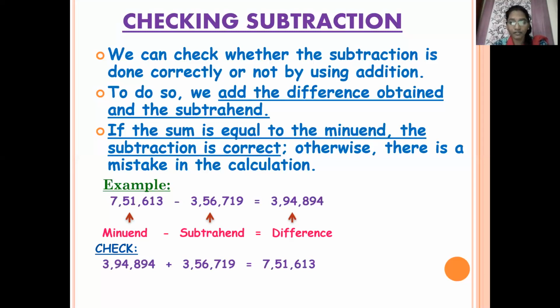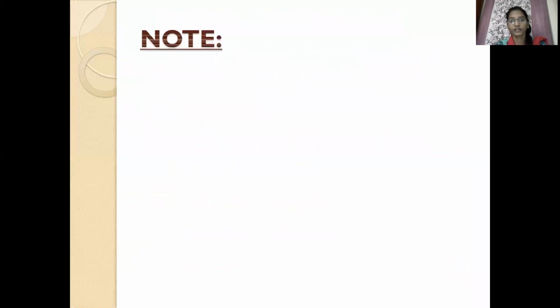So here we have the difference, that is 3,94,894. You need to add it with 3,56,719, which is the subtrahend. Difference plus subtrahend should give you the minuend, and the minuend here is 7,51,630. Then your subtraction is correct. This is how you check your subtraction, right?